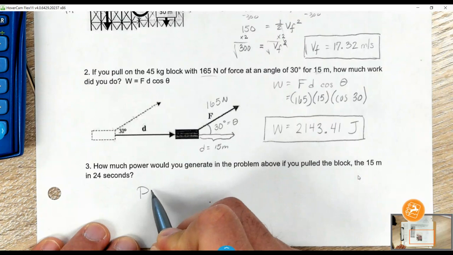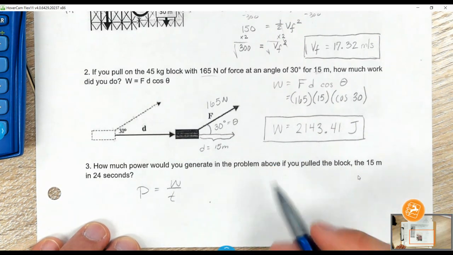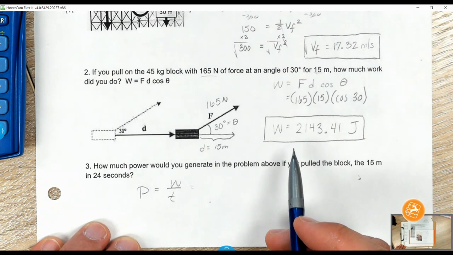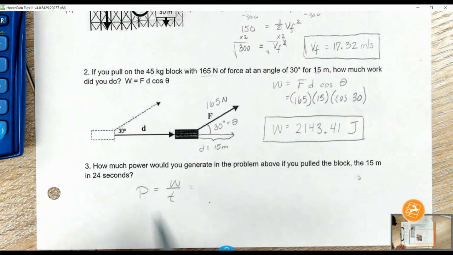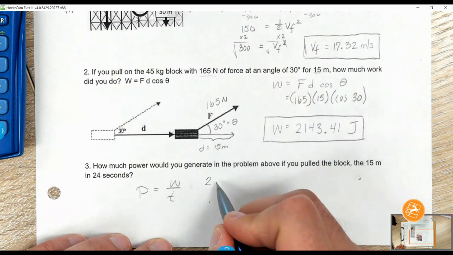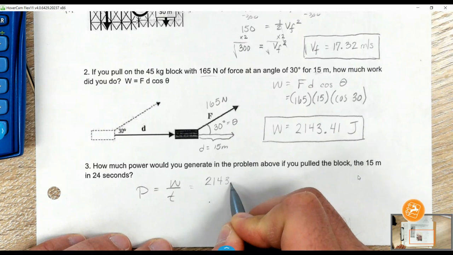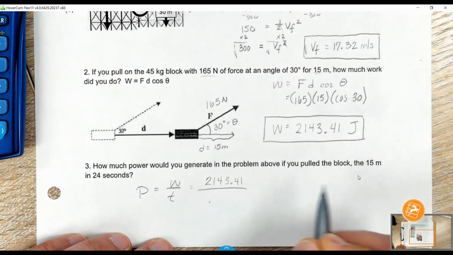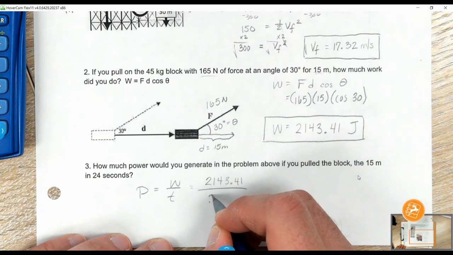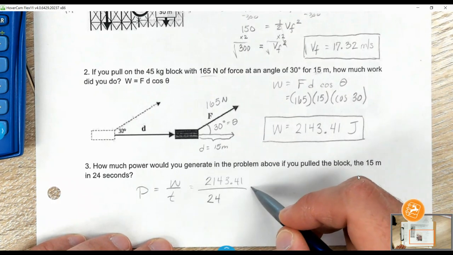So power is equal to work divided by time. So you're taking the work from the problem above, and you are going to divide that stuff by what? 24 is correct.